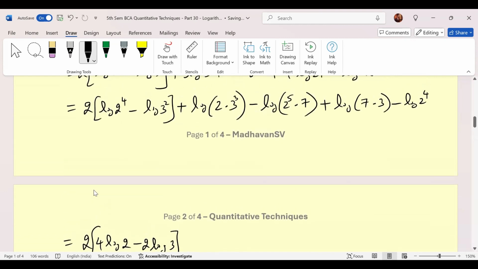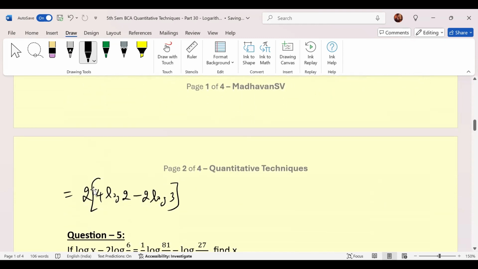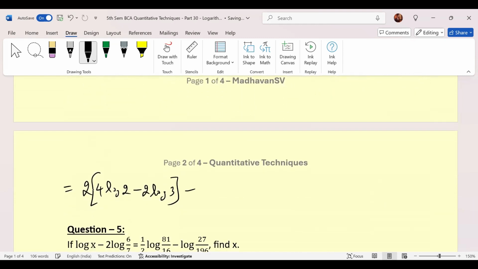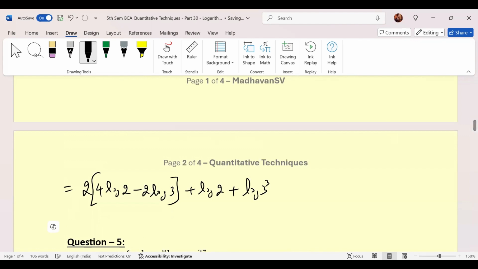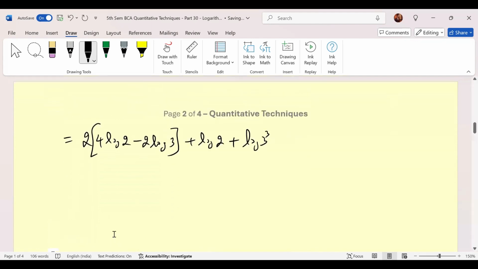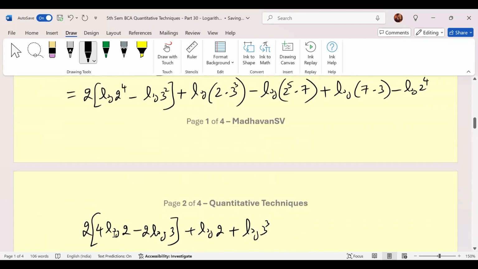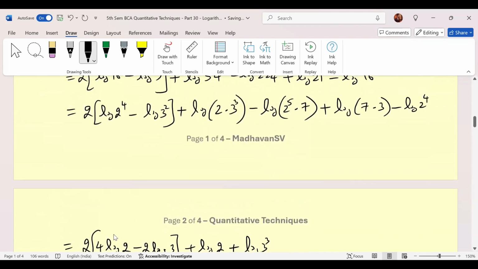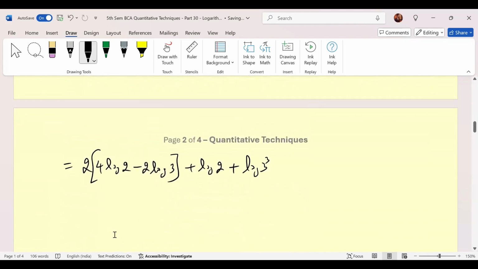Then plus log 2, plus log 2 plus log of 3 cube. Then the next one, minus of log 2 power 5 plus log 7.